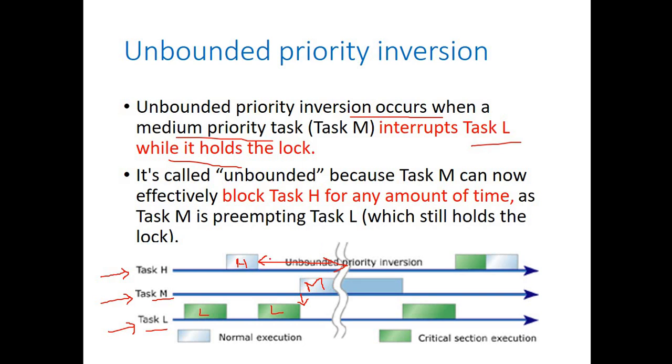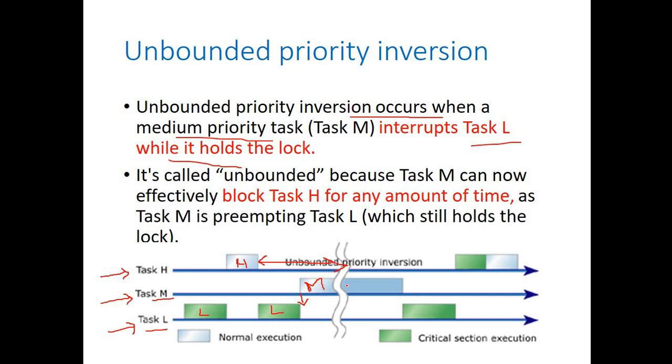At that time, the high priority process H is already in the waiting state, but the process M, whose priority is lesser than the priority of H, is entering into the execution state.